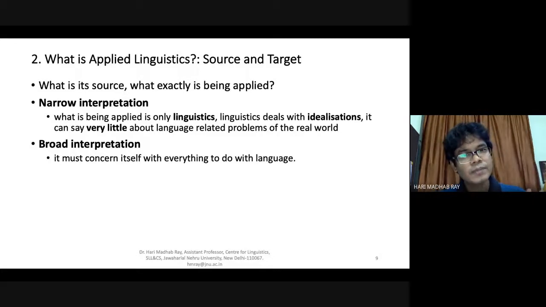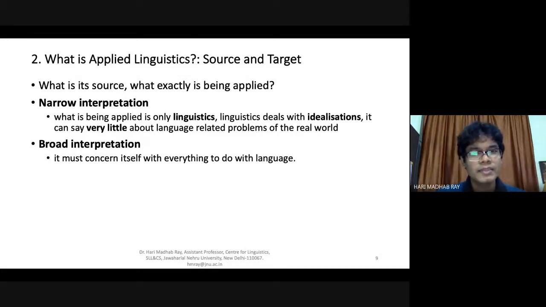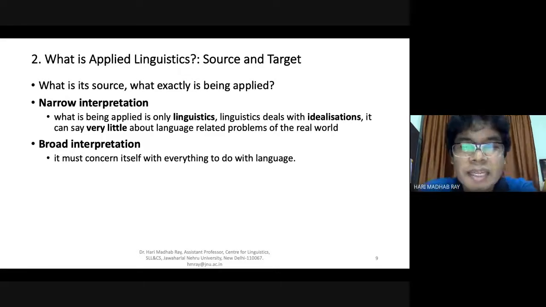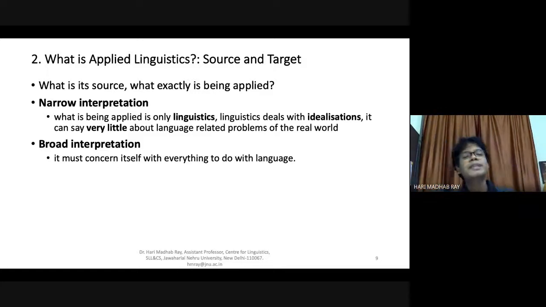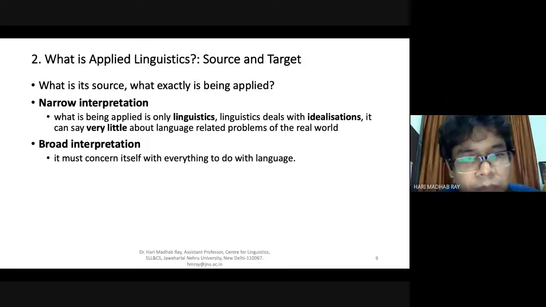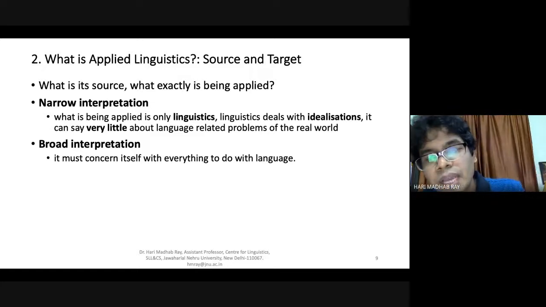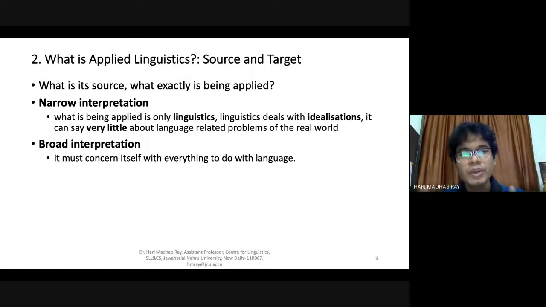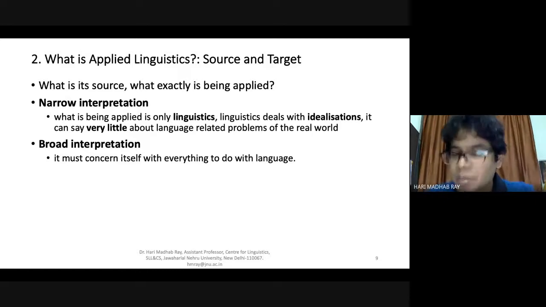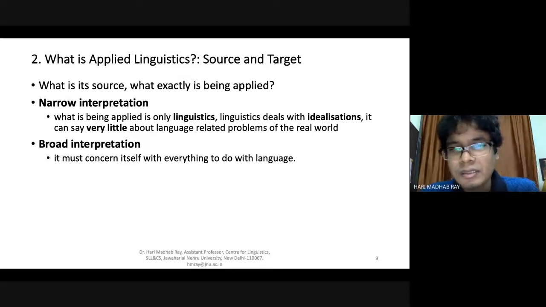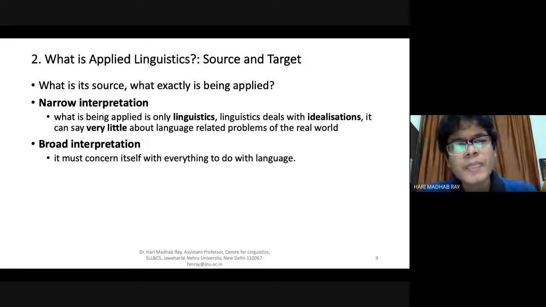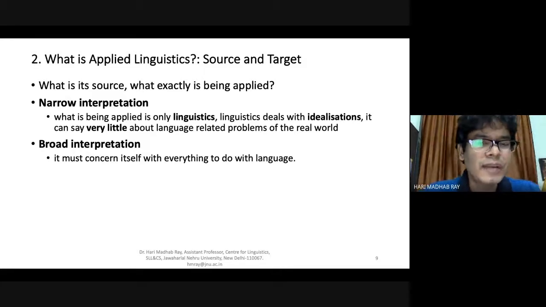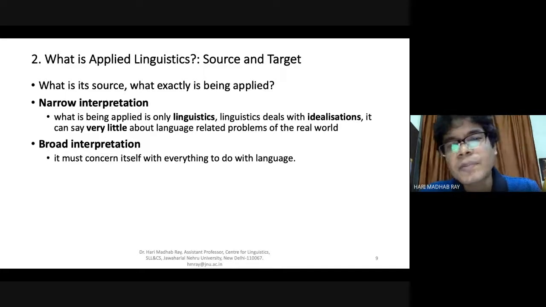Applied linguistics is more about language use, not the formal study of language but the functional study of language. So in the narrow interpretation, what is being applied is only linguistics, the abstraction of the whole linguistic tradition. Since it's so limited, we have a very narrow interpretation of applied linguistics.